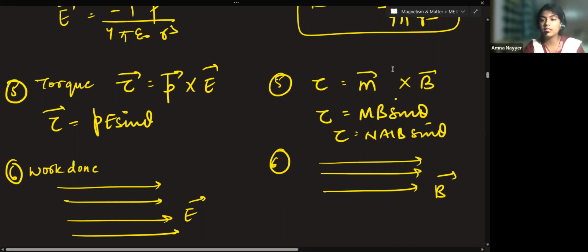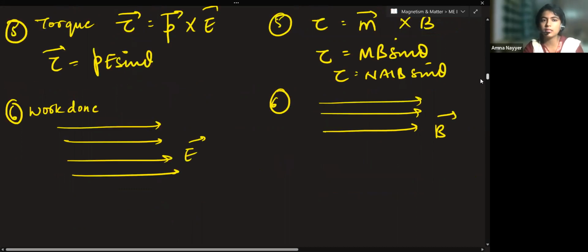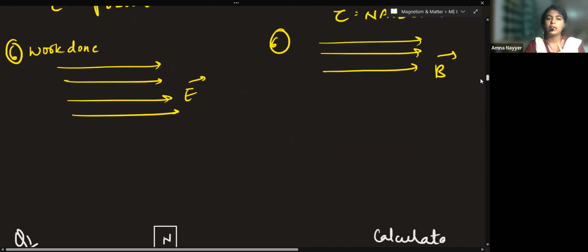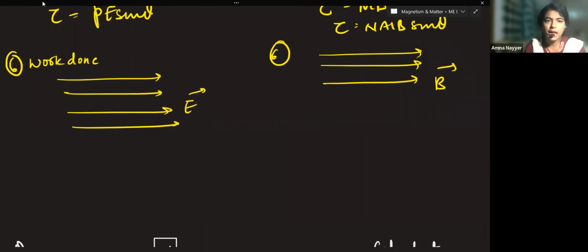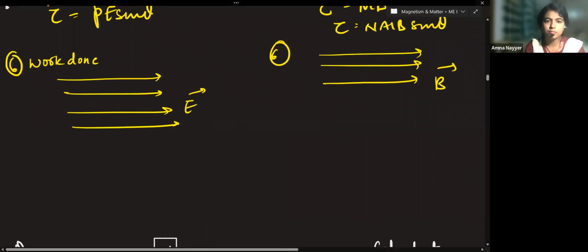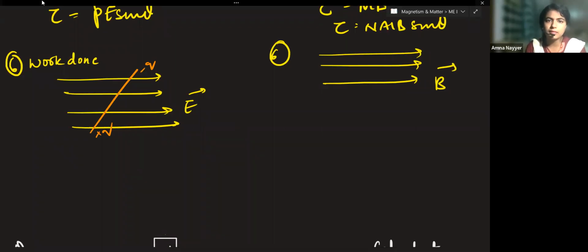Now work done is there, because this is the last topic for today. Work done means if I have a dipole plus Q minus Q and I have rotated it to some other angle. This angle I have rotated. So this was one angle theta 1, this was another angle theta 2.